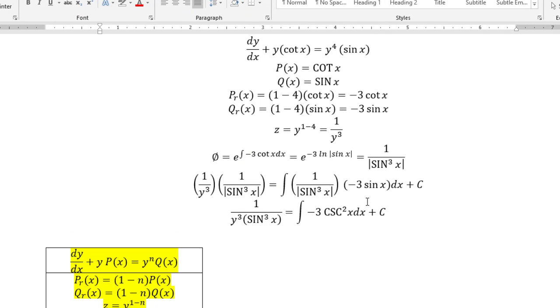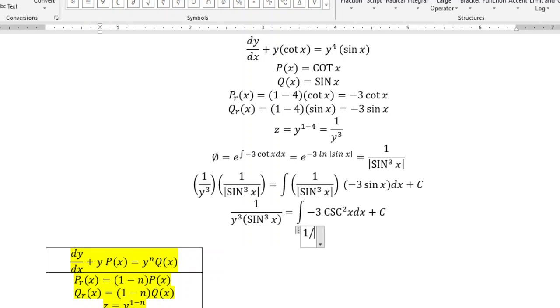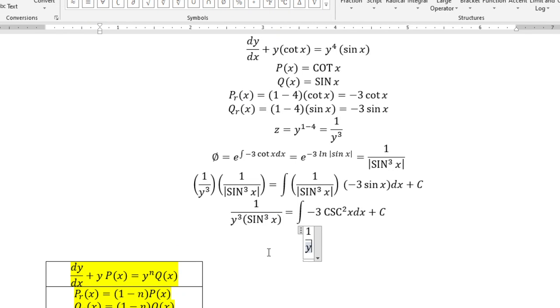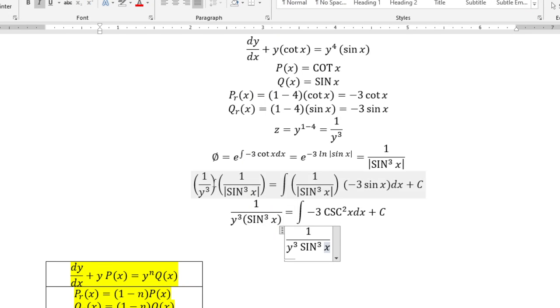Okay. So, 1 over y cube sine cube x. Tama.